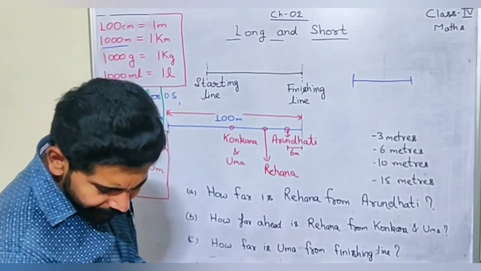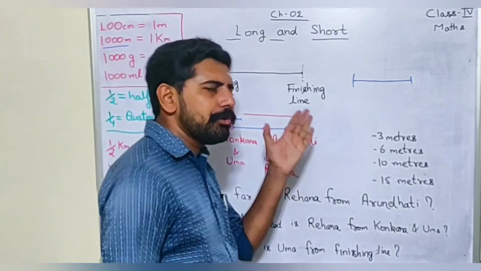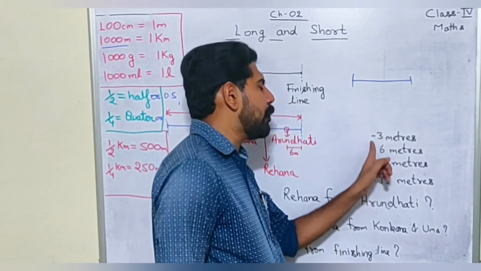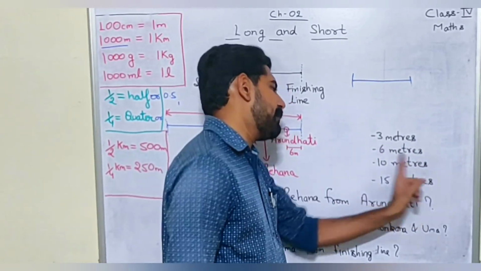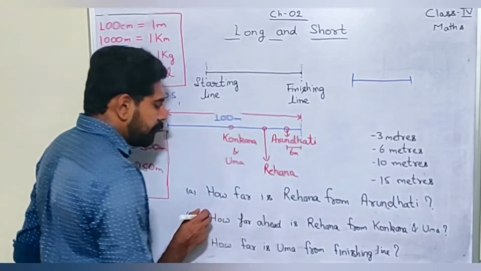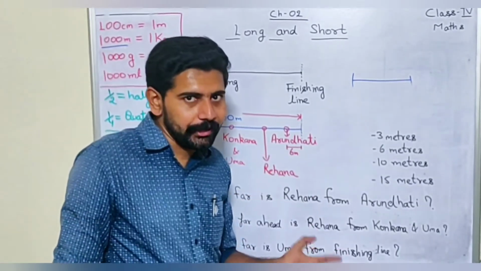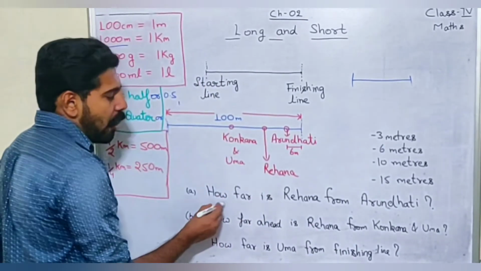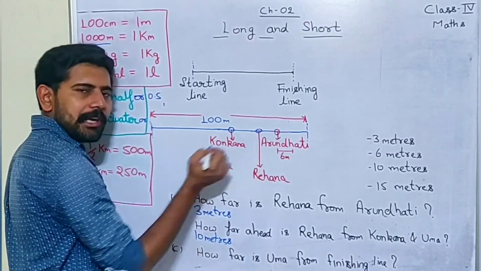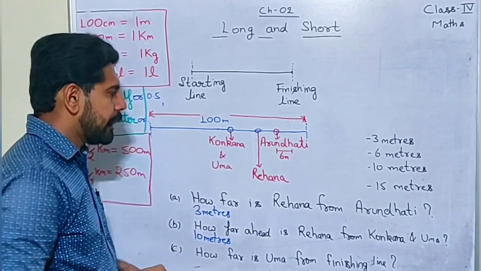But we have been given some other questions and we have been asked to tell the distance from these options only. The options are 3 meters, 6 meters, 10 meters and 15 meters. First we have to read the question carefully. Let's read. How far is Rehana from Arundhati? Here is Arundhati. Here is Rehana.